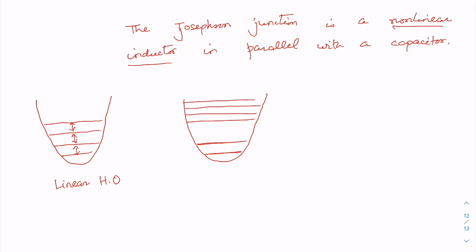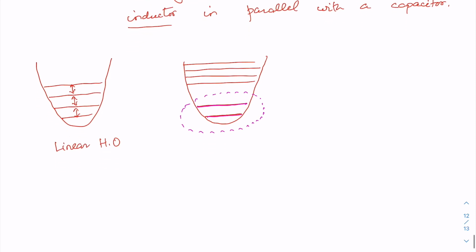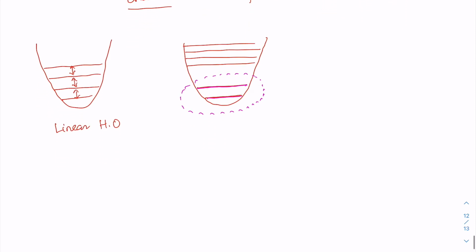In that case we can consider this whole structure as a kind of two-level system, because then we can simply focus only on these two energy levels. So under the so-called two-level approximation, this Josephson junction will behave like a qubit or a two-level system.